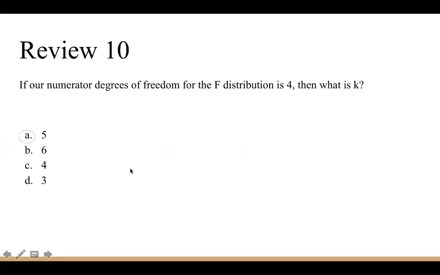Yes, good job, guys. Our k is equal to 5, because the numerator degrees of freedom is calculated by k minus 1, and if we're given 4 as our numerator, k must equal 5.